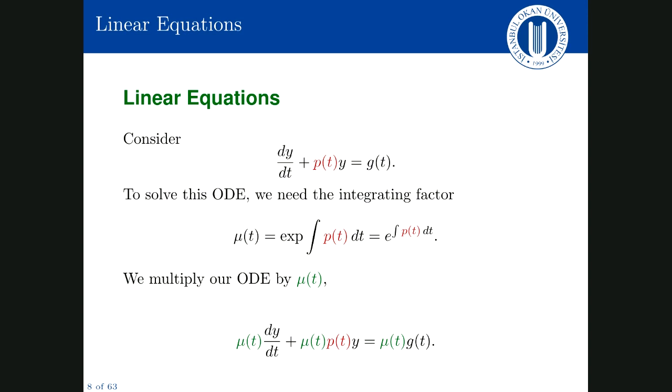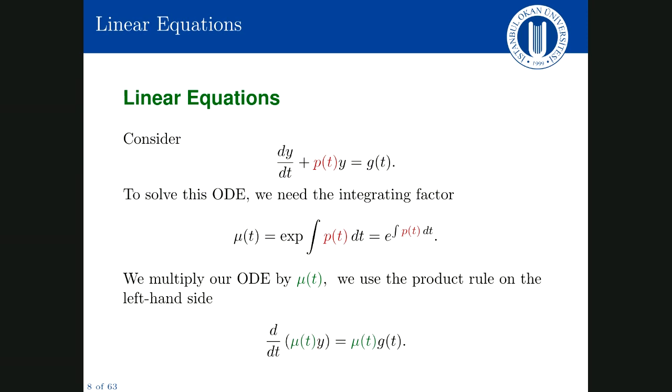The next step is to use the product rule on the left side. Because we've chosen our integrating factor carefully, this left side is the derivative of mu y. Using the product rule, our differential equation becomes d/dt of mu y is equal to mu g.